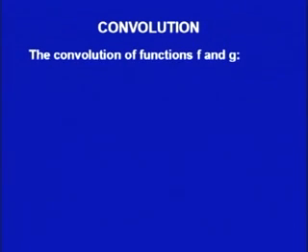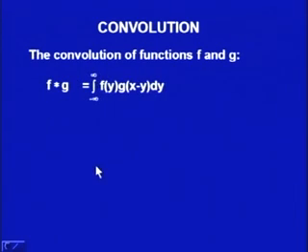The convolution of the functions f and g is denoted by f star g, where star is the notation for convolution. This is defined as the integral from minus infinity to plus infinity of f(y) g(x minus y) dy. This is at point x, and we are integrating with respect to y.